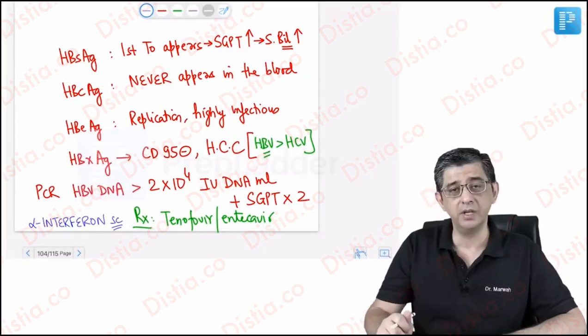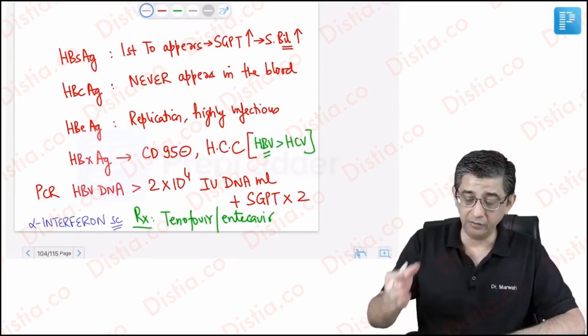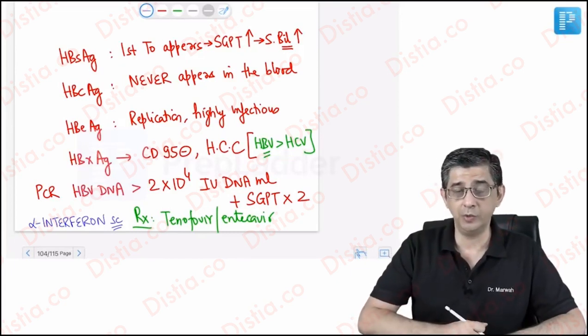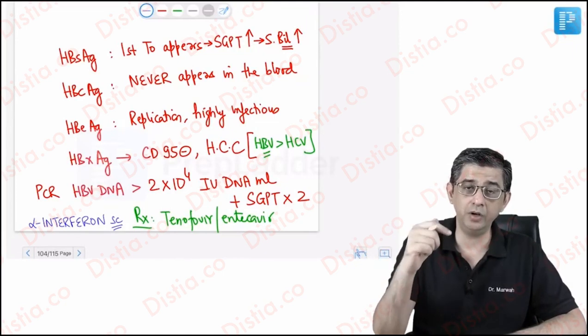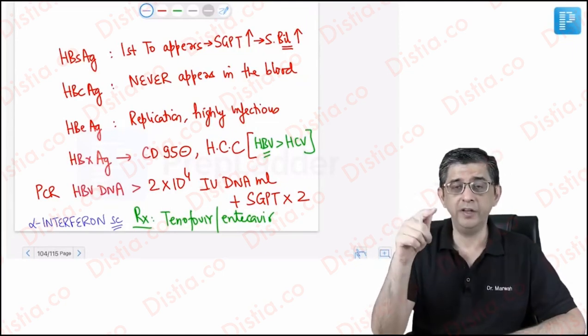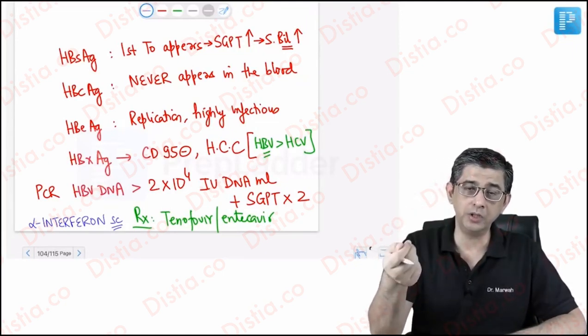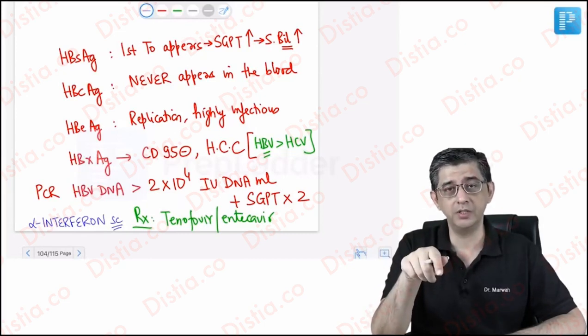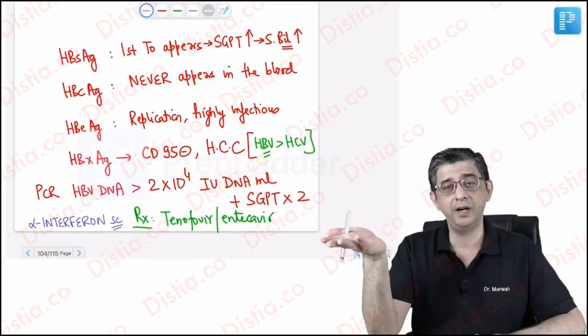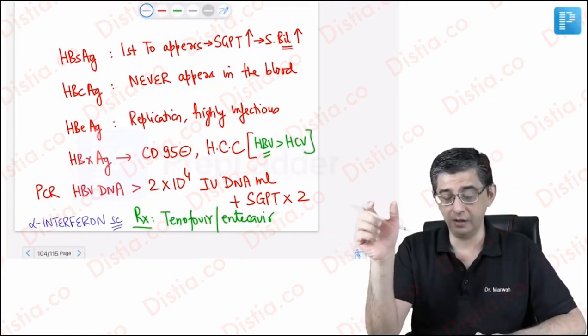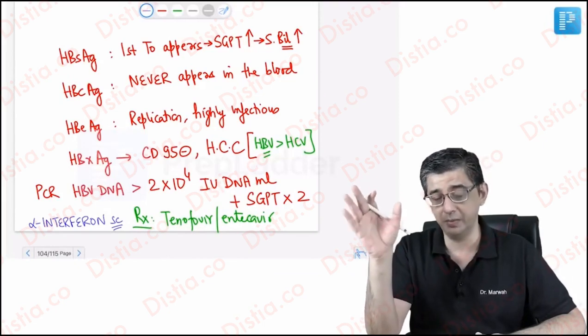We use antivirals. Another reason we are preferring antivirals versus interferon is because interferon actually does not kill the virus directly. Interferon upgrades immunity, and when you upgrade the immunity, the immunity booster component will contribute to death of the virus. So you are relying on an indirect step. First pump up the immunity, then immunity kills. But here the drug will be directly acting on the virus per se. So antiviral drugs are preferred over interferon is the basic message.